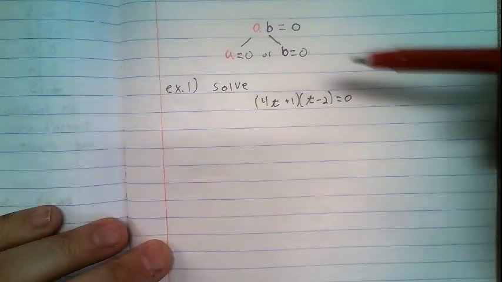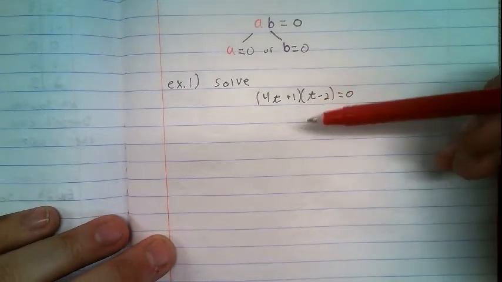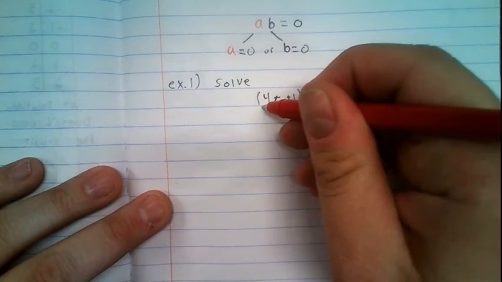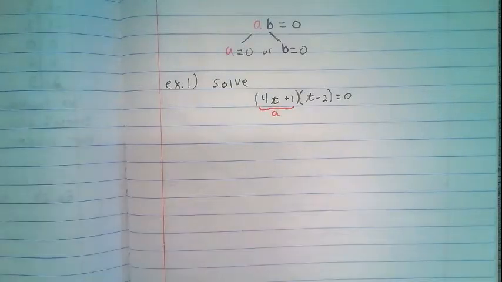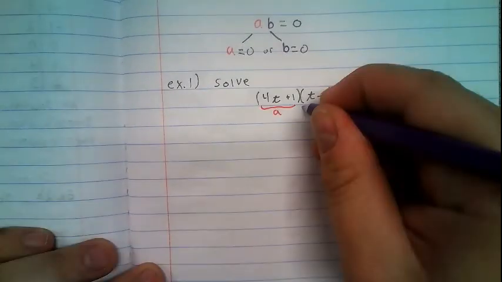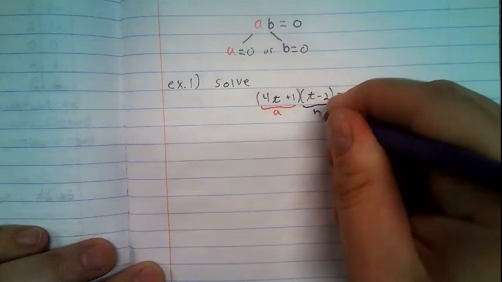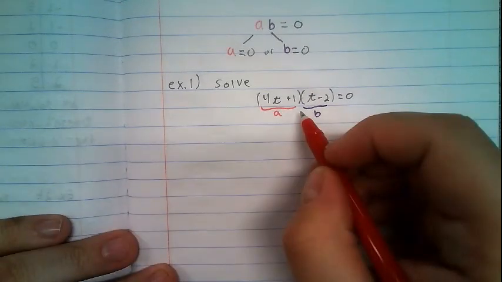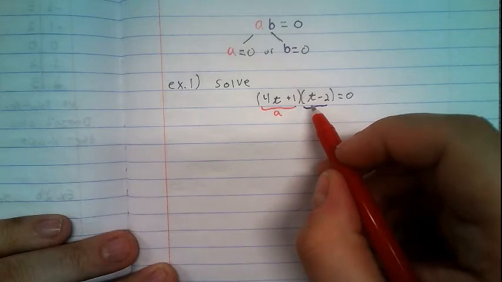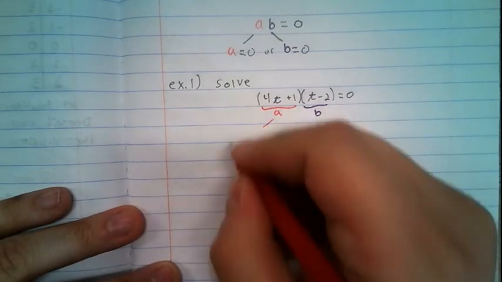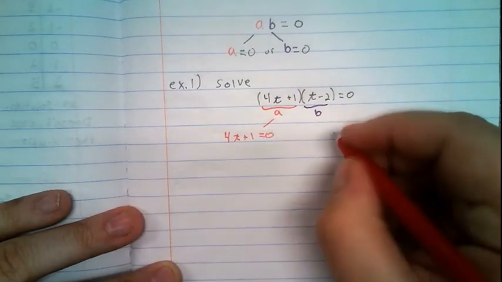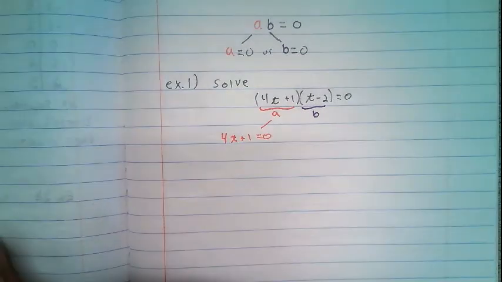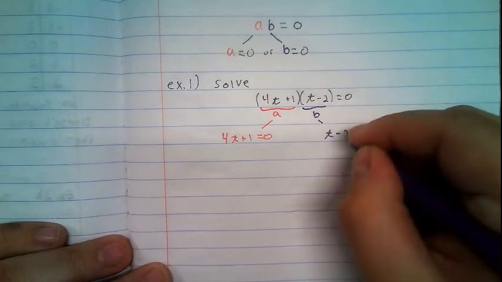So I can use the zero product property on this one because 4t plus 1 can be considered my A. And at the same time, t minus 2 could be considered my B. So I know that if 4t plus 1 times t minus 2 equals 0, then either 4t plus 1 must be 0, or conversely, t minus 2 must be 0.